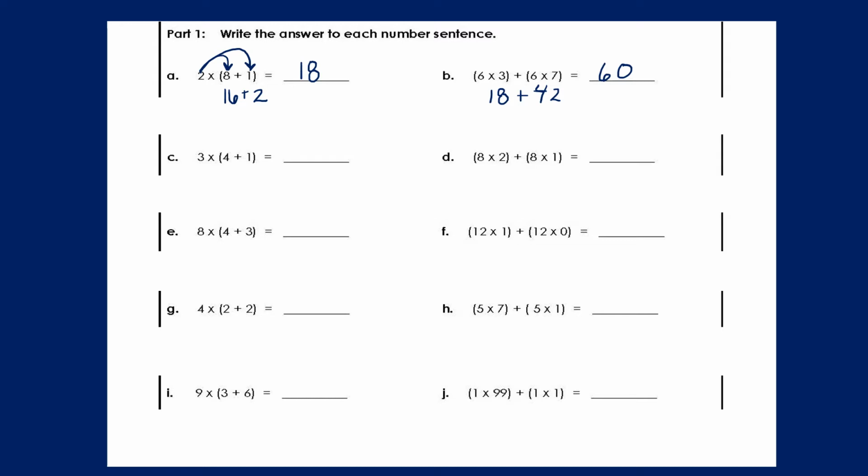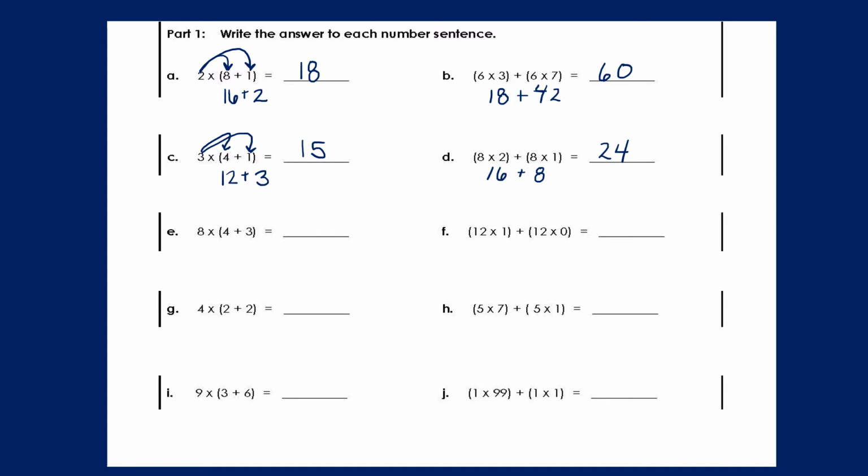For C, I can distribute the 3. 3 times 4 is 12, plus 3 times 1 is 3, and that equals 15. 8 times 2 equals 16, plus 8 times 1 equals 8, and that equals 24.